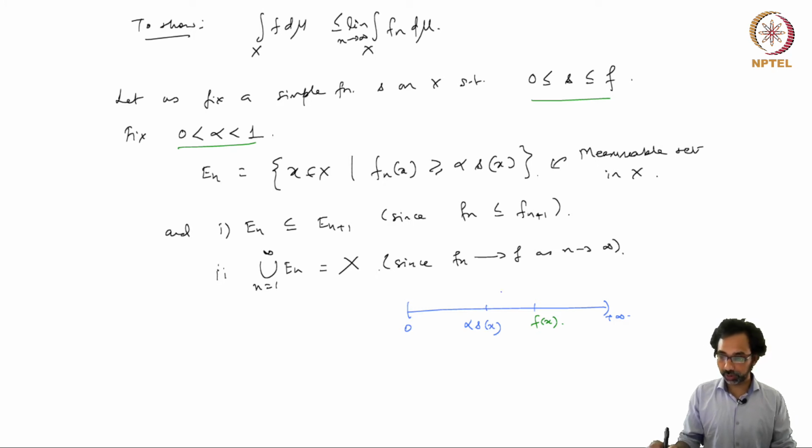So using the property of the limit, we can find an f_n(x) lying between these two points for n large enough, because f_n converges pointwise to f. So this implies that the union of all these E_n is the whole space X.